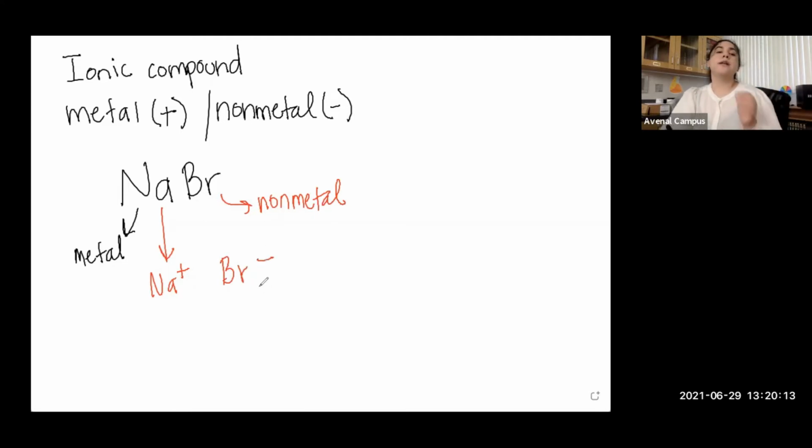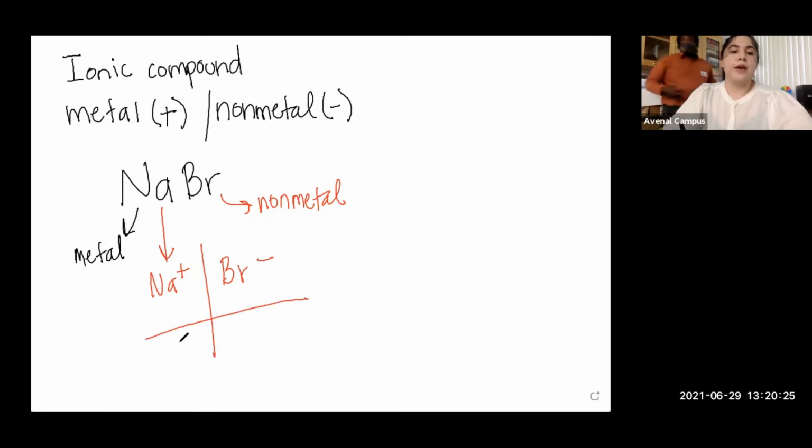So remember, what is the goal when it comes to ionic compounds? Right, you want to make sure that they're neutralized, right? So again, the fact that we have a +1 with our sodium and a -1 with our bromide.